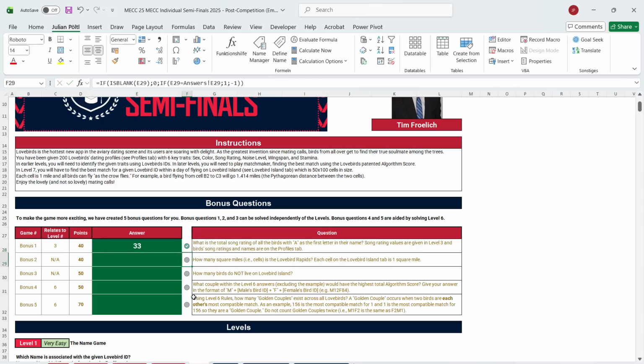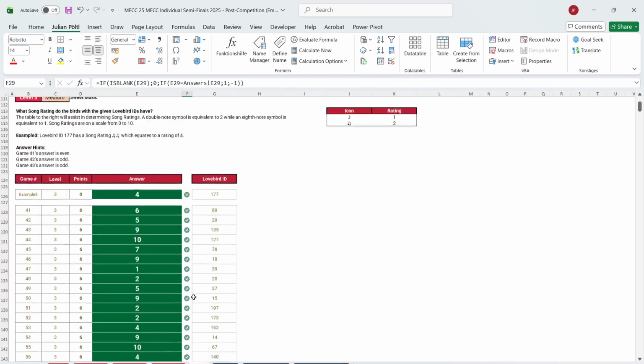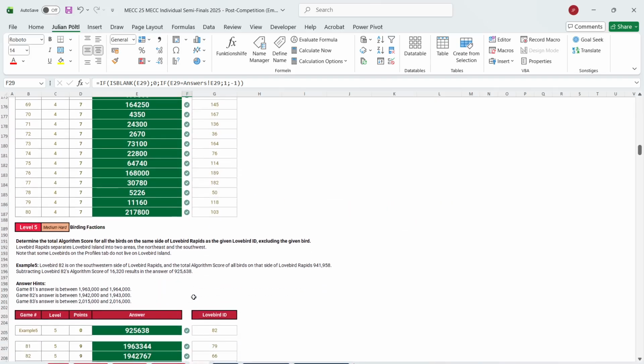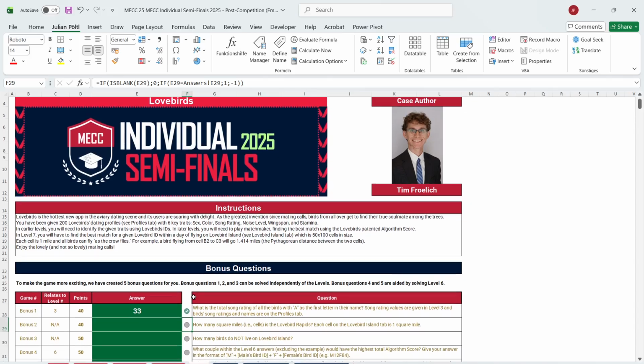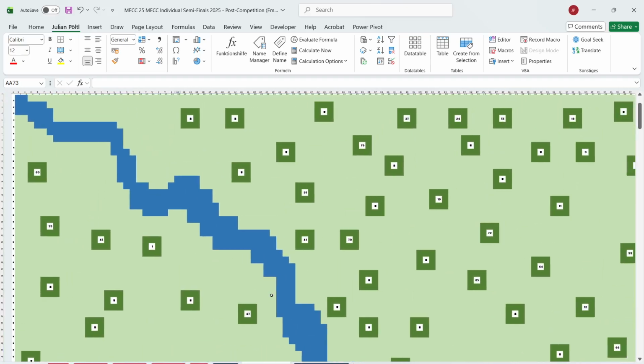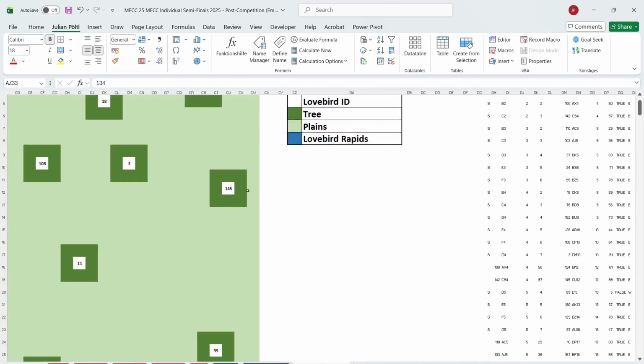How many square miles is Lovebird Rapids? To be fair, what is Lovebird Rapids exactly? Lovebird Rapids is this here, right?